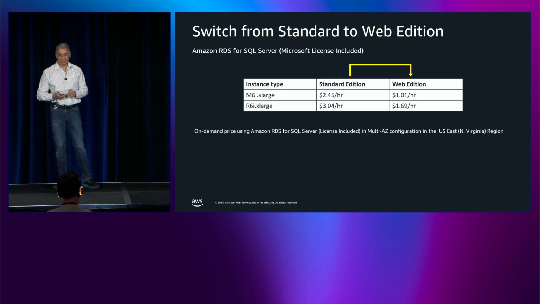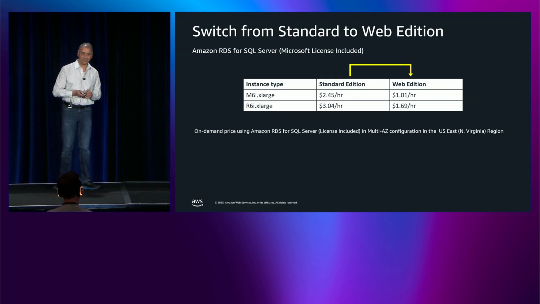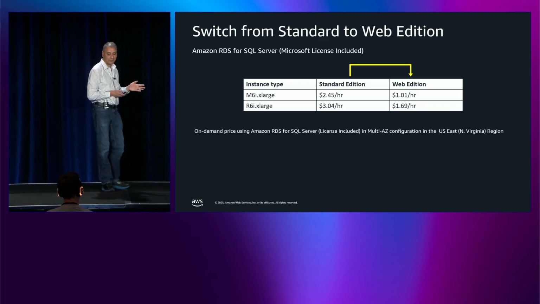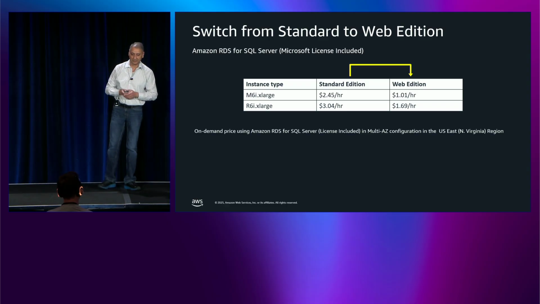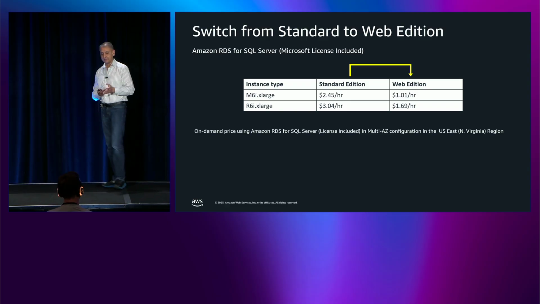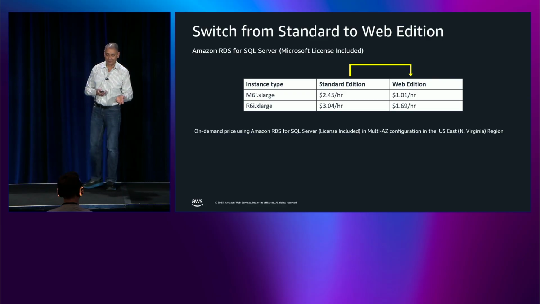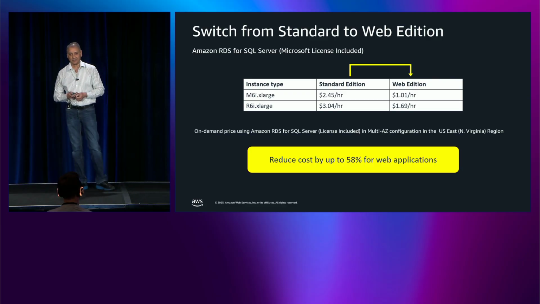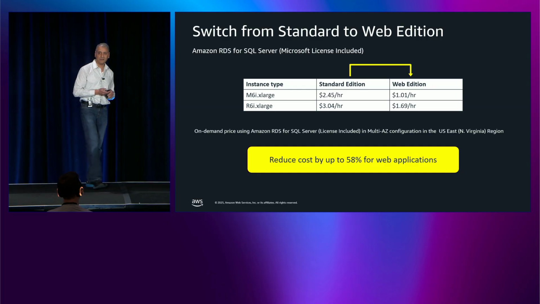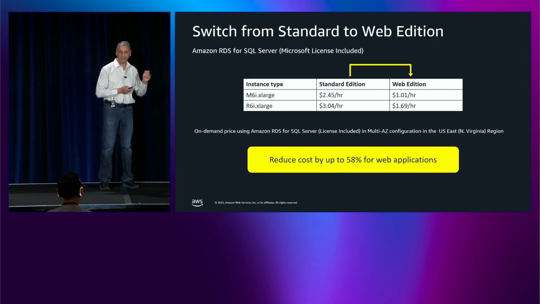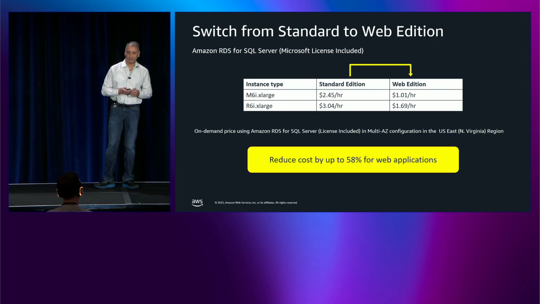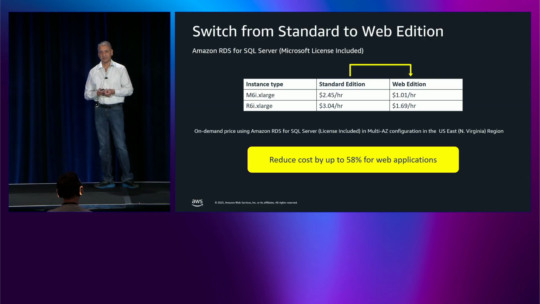If I switch from Standard Edition to Web Edition, my price goes down from 2.45 per hour to 1.01 per hour. For R6, if I switch, my price goes from 3.04 per hour to 1.69 per hour. So simply by switching from Standard Edition to Web Edition, for all your web applications or ASP pages or web services, you can reduce your cost by up to 58% for running RDS SQL Server.